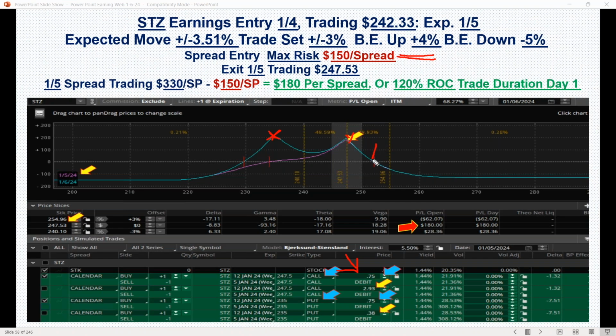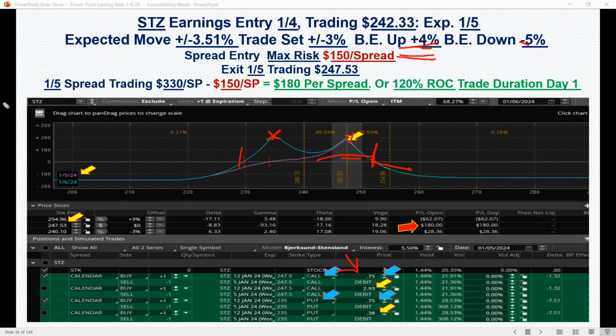Now your break-even points to lose on these trades, you've got a really good wide break-even as well. The break-even point up was if it moved 4% or higher and never came back. So it'd have to gap up 4% here and never pull back. That typically doesn't happen. You might get a gap up, but typically they'll pull back at some point during the day, or a gap down of 5% right here.